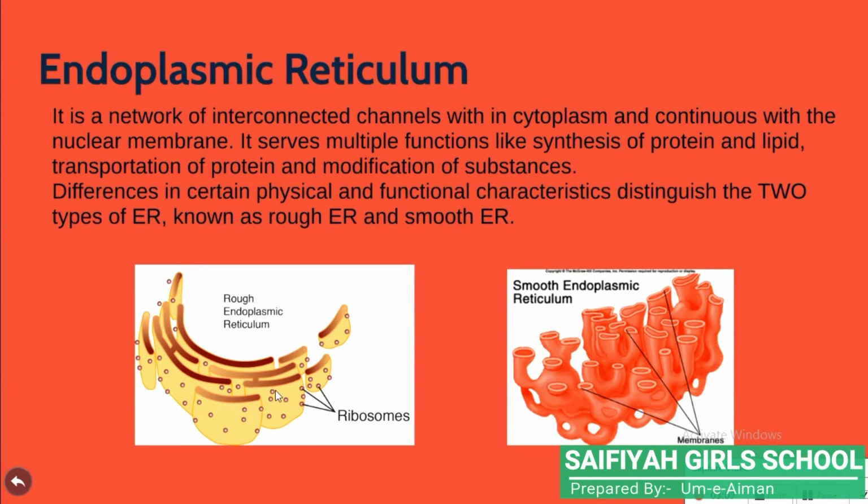Rough endoplasmic reticulum contains ribosomes on its surface, whereas smooth endoplasmic reticulum lacks ribosomes. Rough endoplasmic reticulum plays a role in the synthesis of protein, whereas smooth endoplasmic reticulum plays a role in the metabolism of lipids.